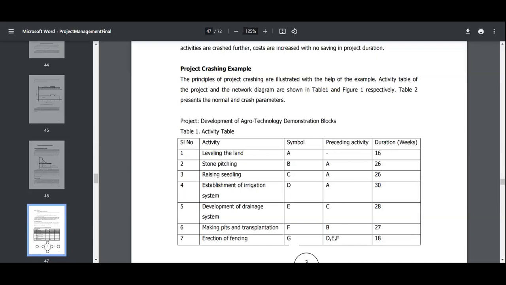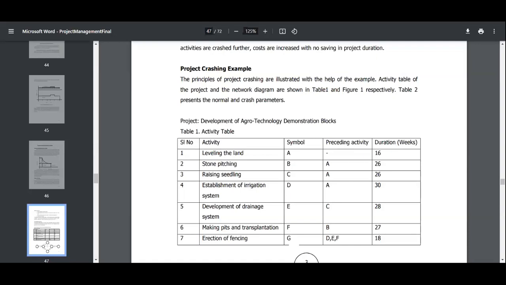Now the stone pitching. What is stone pitching? They pick the stones, as per the book, and started their plan. Establishing the irrigation system requires 30 days for that particular activity. Then development of the drainage system also requires 28 days.